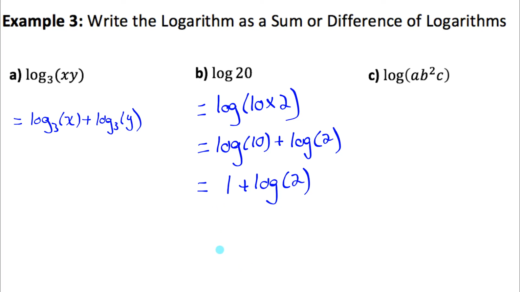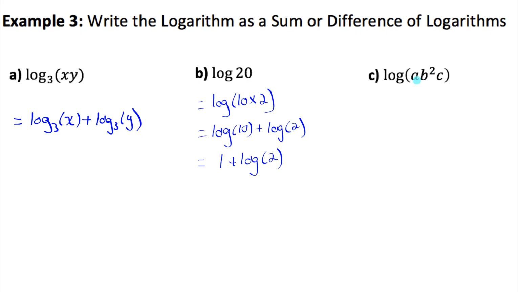And that's not the only answer. We could have had log 4 plus log 5, for example. Part C, the argument is a product of A, B squared, and C. So I could write this as a sum of 3 logarithms.